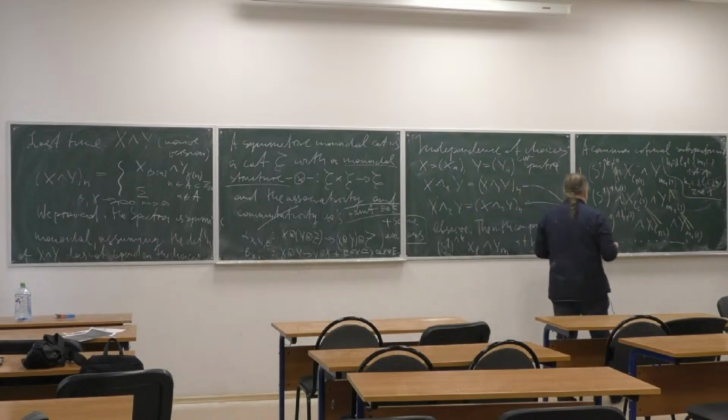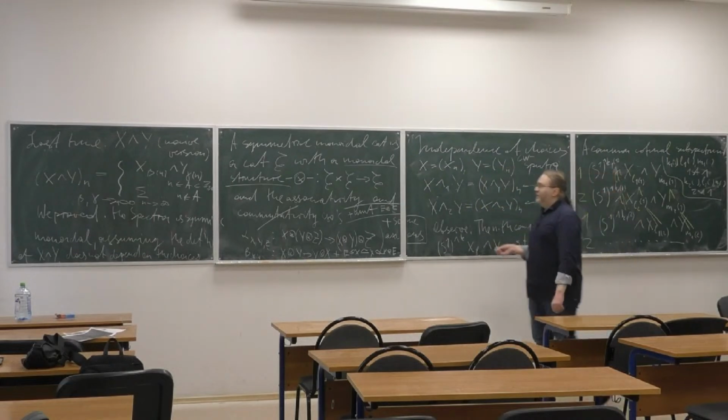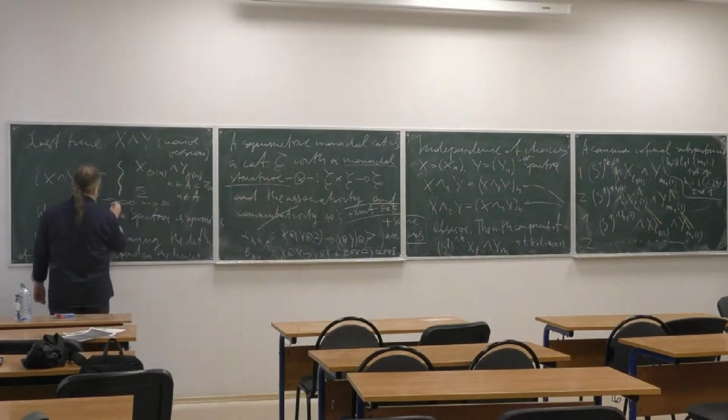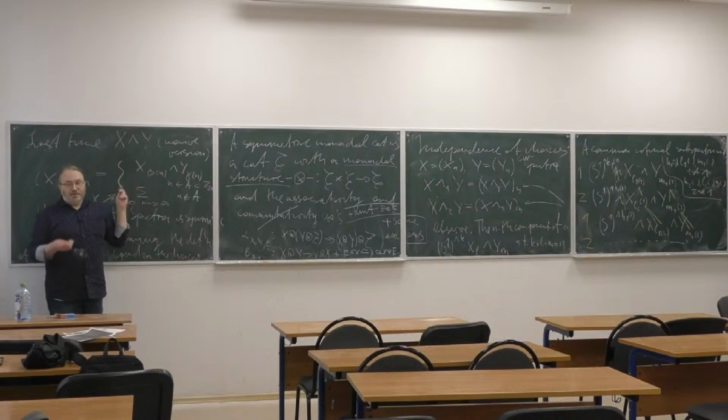Okay, so let's also remember that in this definition, both beta and gamma not just go to infinity, they go to infinity monotonically.